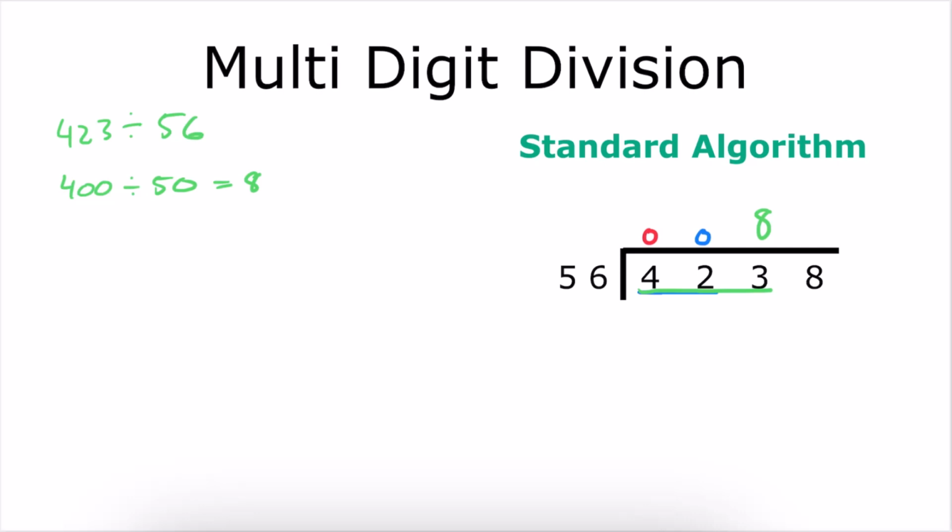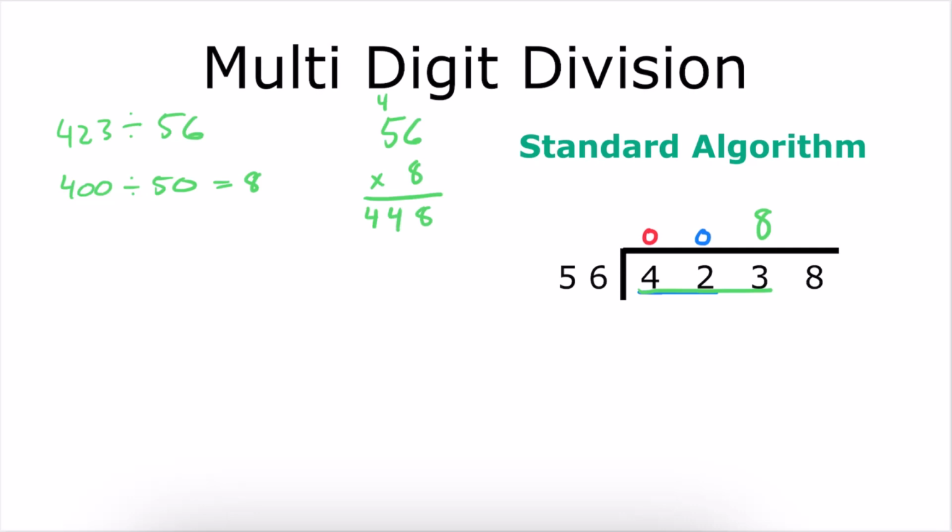And so we'll say, okay, well, if I put 8 in each of my 56 groups, I can model that with 56 times 8. And if I make 8 copies of 6, that's going to be 48. And the 40 can be converted into tens, so I'll carry the 4. And if I make 8 copies of 5 tens, I'm going to have 40 tens plus the 4 tens that I carried, and I'm going to have 448.